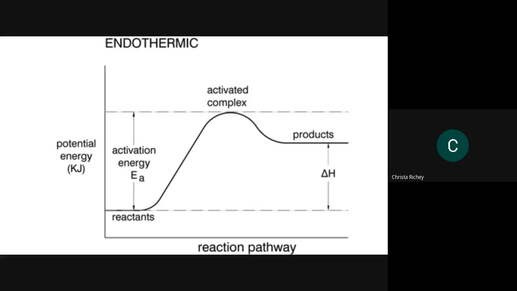So that's -20. That's your answer for your delta H. And then your activation energy is your distance between your reactants up to that hump. Did you not do that one? No, you didn't do that one. But am I supposed to subtract those two? It's not hard. It's not hard.